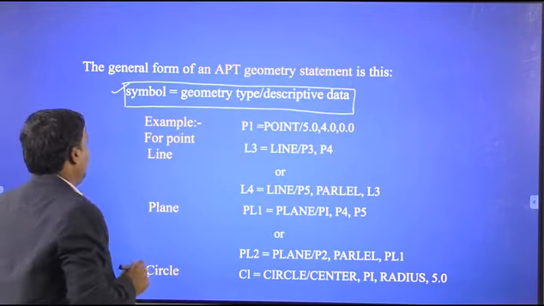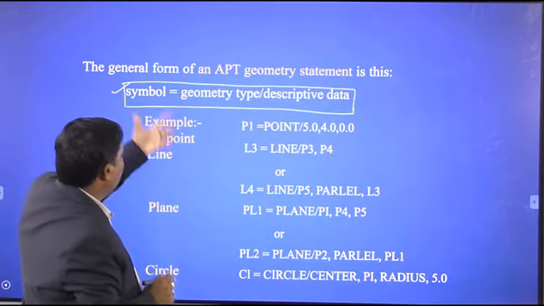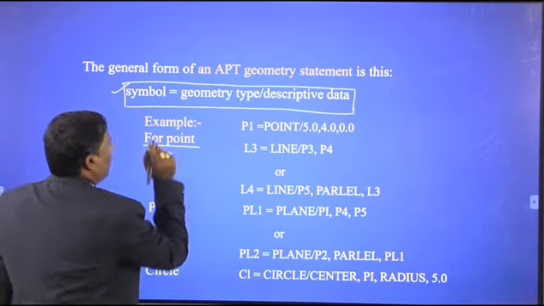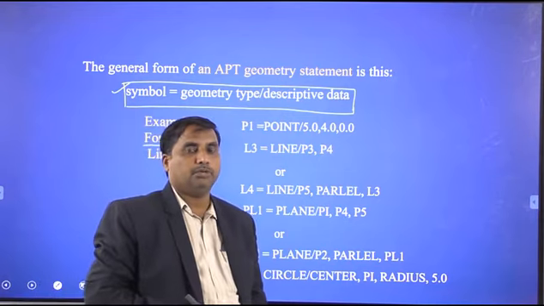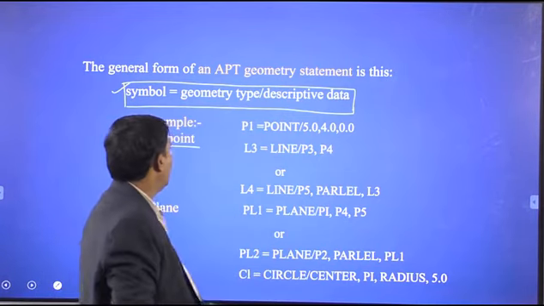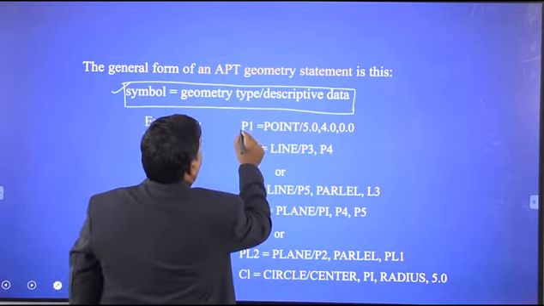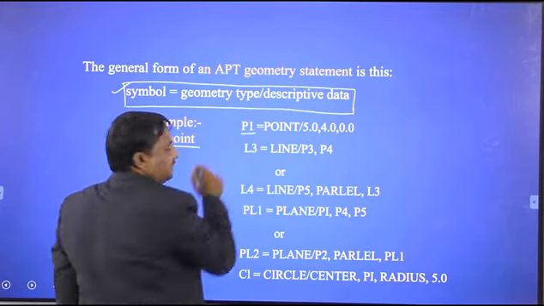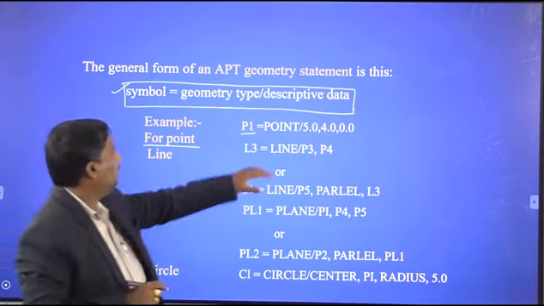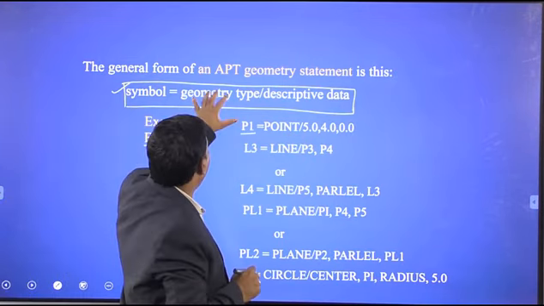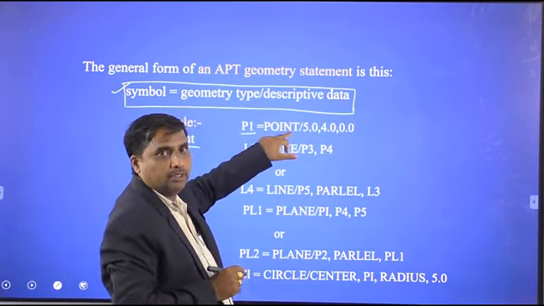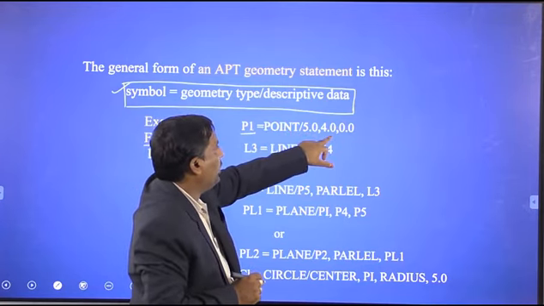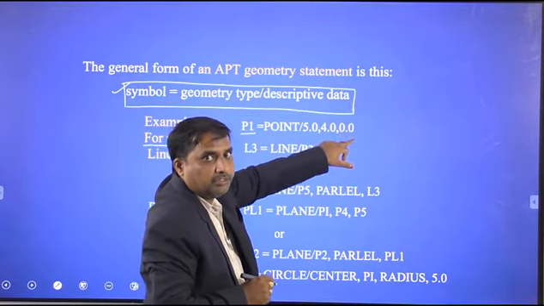Now, for example, suppose for a point, how will we define the point using APT language. Consider P1 here. P1 represents the symbol. Next, the geometry type is point, then slash, then x coordinate 5, y coordinate 4, z coordinate 0.